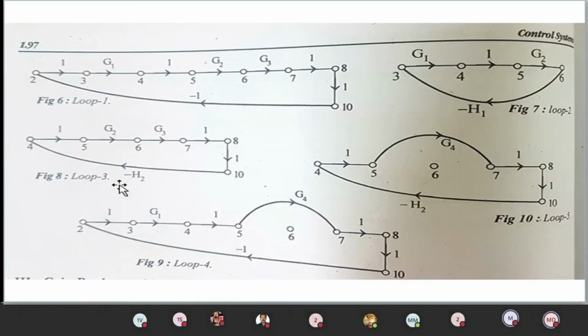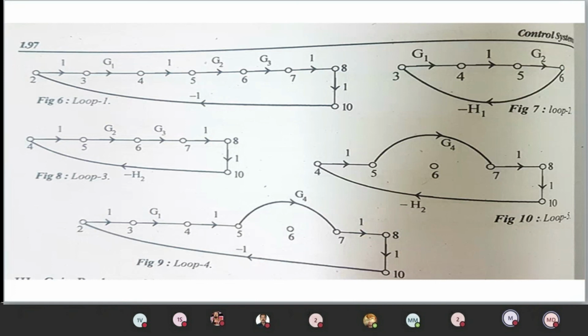Now, next, individual loops. The first individual loop: 2 to 3, 3 to 4, 4 to 5, 5 to 6, 6 to 7, 7 to 8, 8 to 10, 10 to 2. 3 to 4, 4 to 5, 5 to 6, 6 to 3, loop 2. 4 to 5, 5 to 6, 6 to 7, 7 to 8, 8 to 10, 10 to 4, loop 3. 4 to 5, 5 to 7, 7 to 8, 8 to 10, 10 to 4, loop 4.